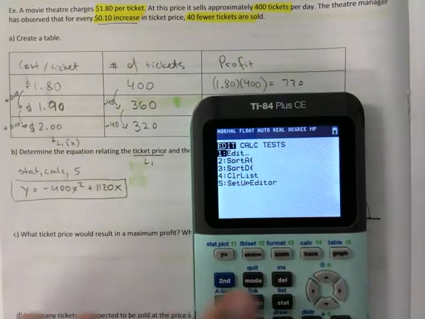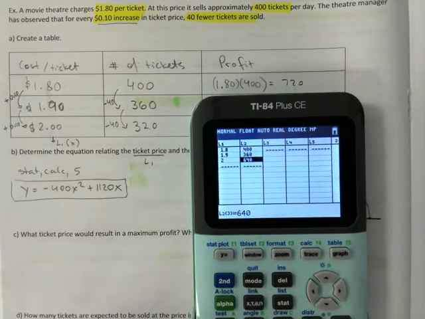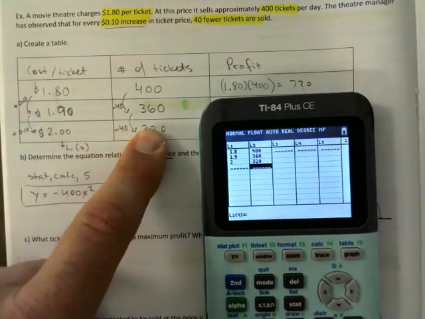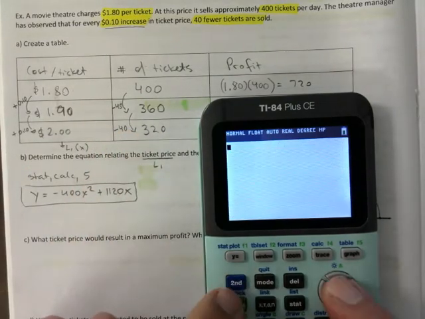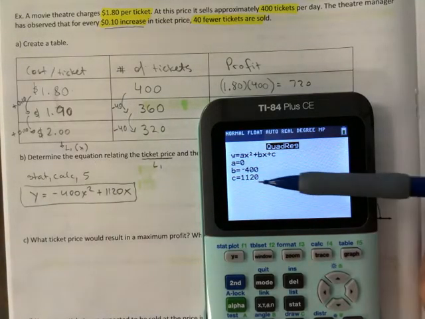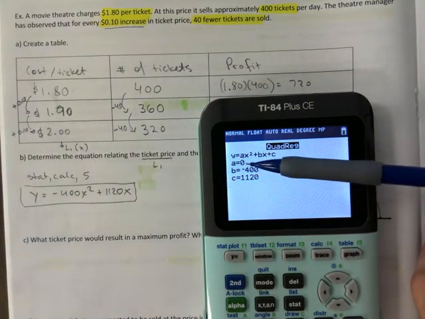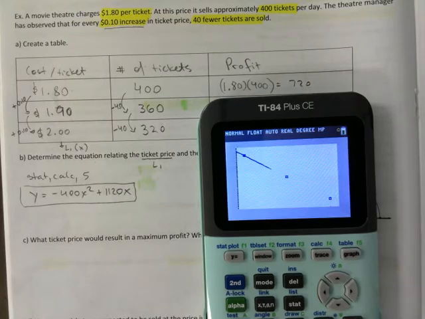So don't do this, but I will just show you. So let's say you had just written down L1, L2. And then if I run that regression again, what do you notice? What's my A value like? 0. So that can't be, right? In fact, if you try to graph that, if I go zoom 9, it is actually going to be a straight line.